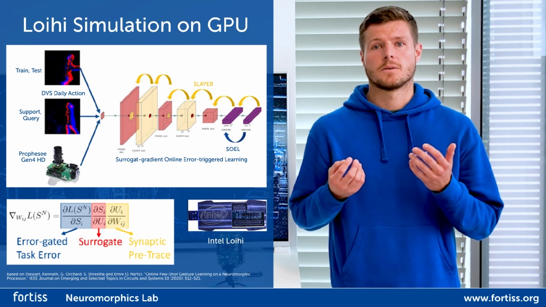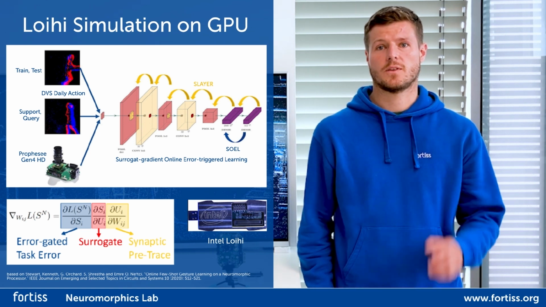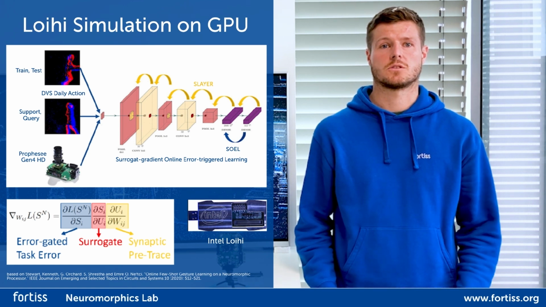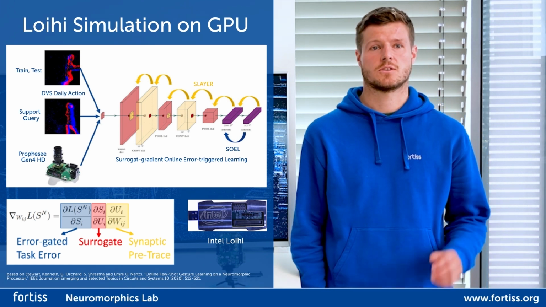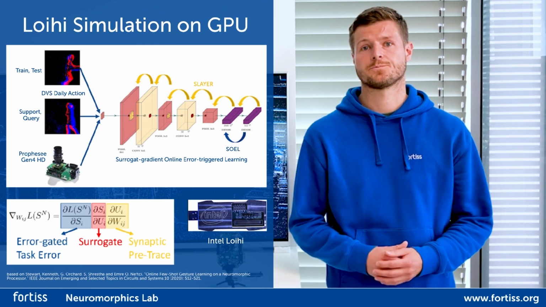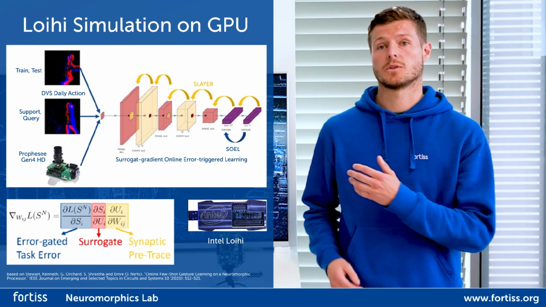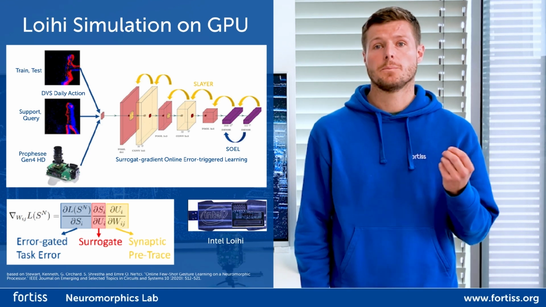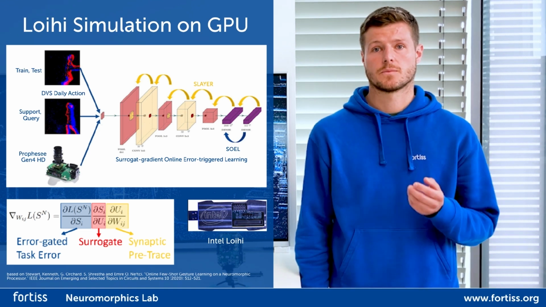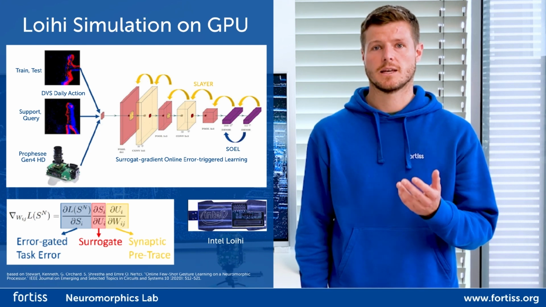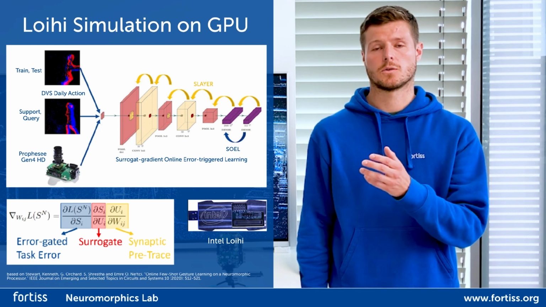So what we do here is on-the-fly learning from few examples. So just in the gesture case, just a few seconds of presenting time. And as we want to implement this on neuromorphic hardware, we make use of the neuromorphic hardware's plasticity processor, which enables learning with local signals.